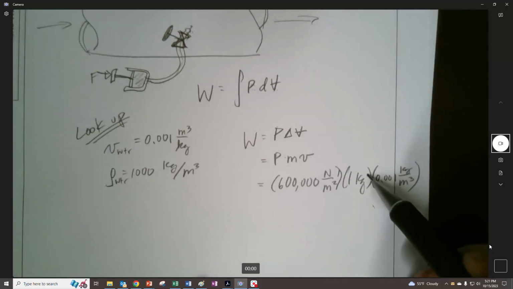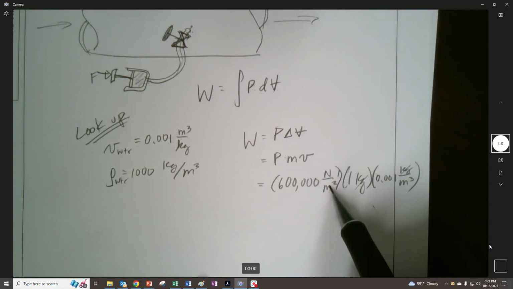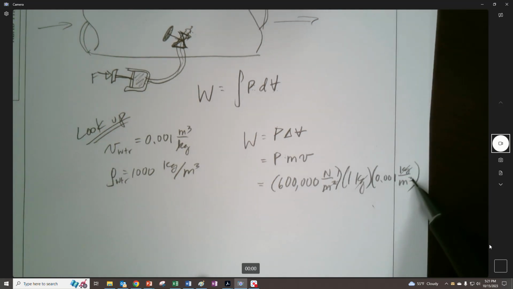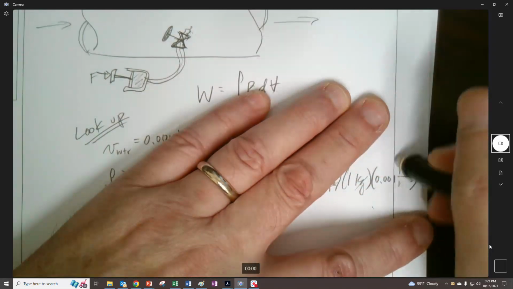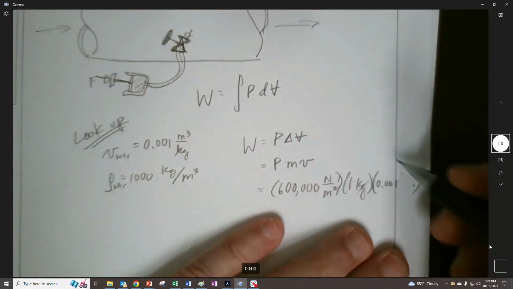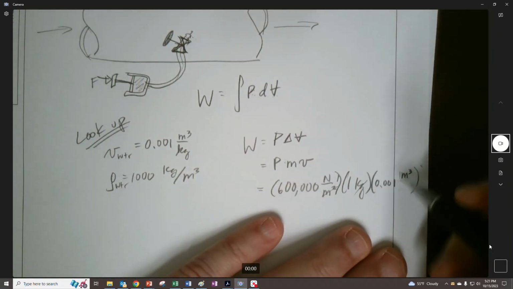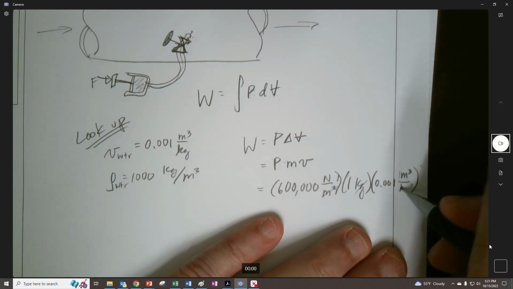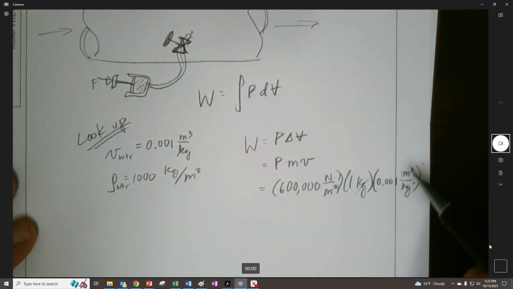So take a look, the kilograms cancel out right there. The meter squared cancels out from, right. I wrote that wrong. My bad. Cubic meters per kilogram. Did I write that? No, I got it wrong. I got it right over there. Right.